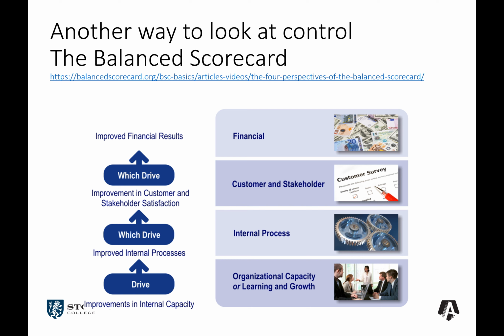After I finish this particular slide, I'd like you to do 3 things, 2 of which are videos, and 1 of which is going to this website on the balanced scorecard, looking at those 4 perspectives, and then reflecting on an organisation that you're familiar with, and identify whether you think it has financial measures and customer stakeholder measures and internal processes and organisational capacity and learning or growth measures.